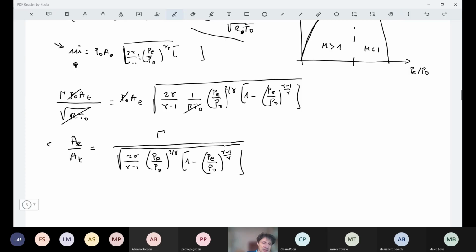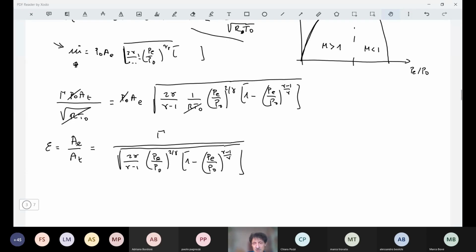We often take this quantity and call it epsilon. Here epsilon means the area ratio, because this is an important quantity in the design of the thermal rocket nozzle.